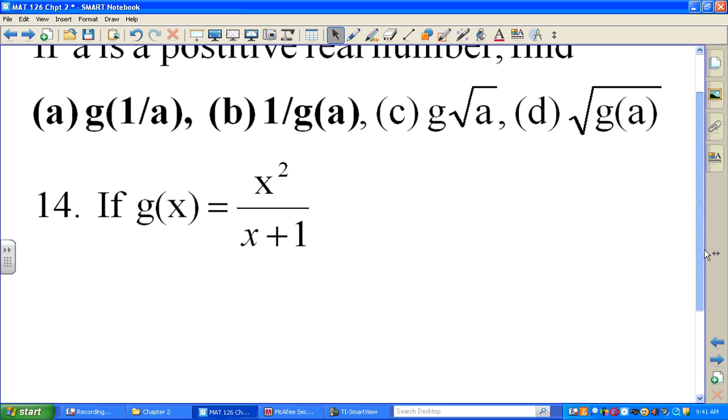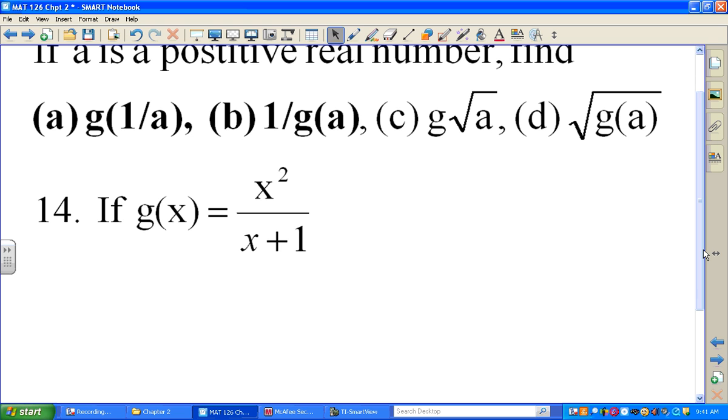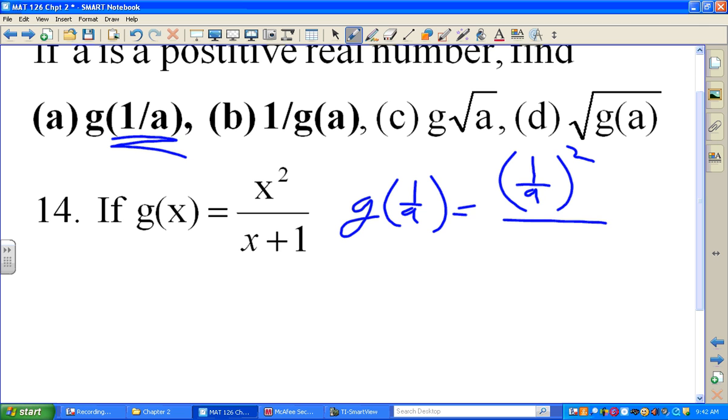What the heck does all this stuff mean? G of 1 over A. What does that mean? That means I put 1 over A in for what? X. So that means G of 1 over A equals 1 over A for all the X's, 1 over A plus 1.